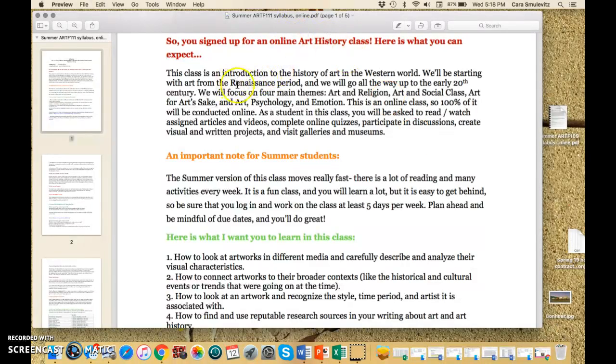It's going to be starting with the Renaissance period and then go all the way up through the early 20th century. And it's divided into themes: art and religion, art and social class, art for art's sake, and art, psychology, and emotion. It's all online, of course, because it's an online class. And you'll be doing reading, watching videos, taking quizzes, participating in discussions, uploading assignments, everything online.